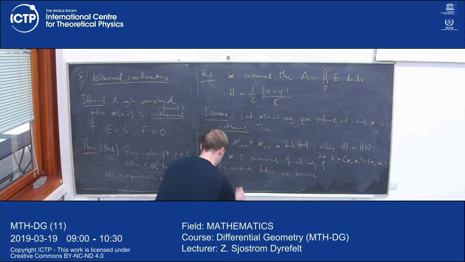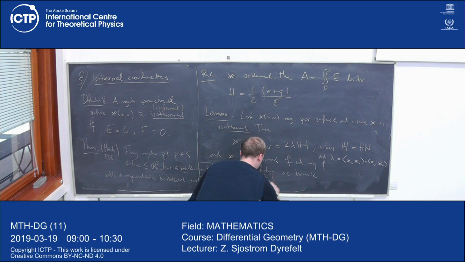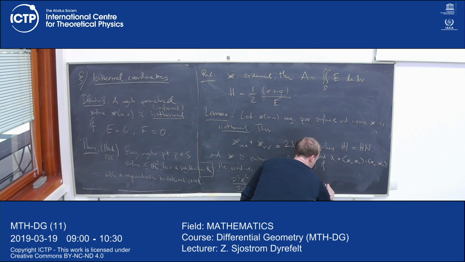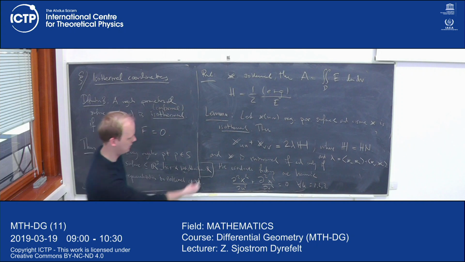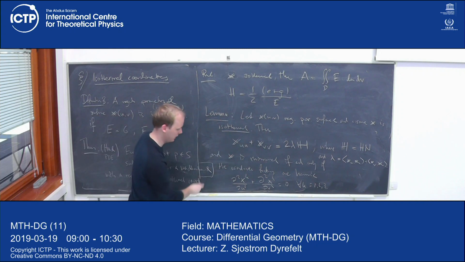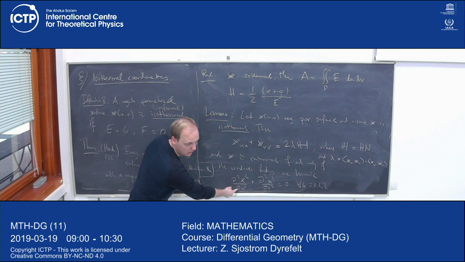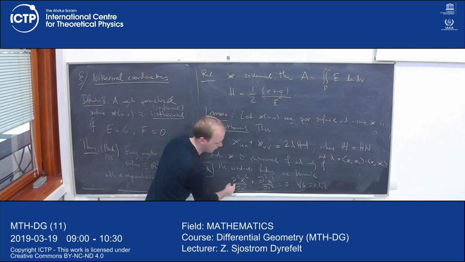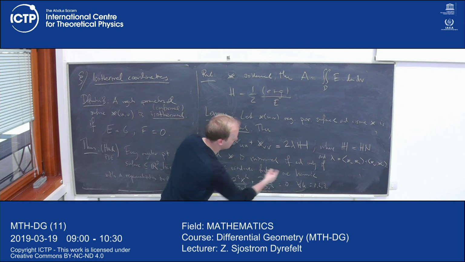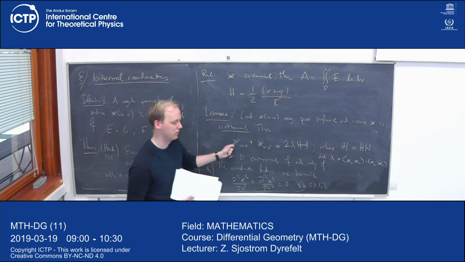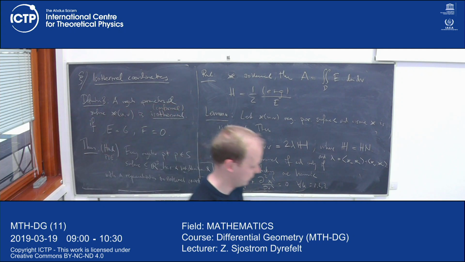Okay, so this means precisely that the partial squared x_k over partial u squared plus partial squared x_k over partial v squared equals 0 for all k equals 1, 2, 3. So x is equal to x1, x2, x3, this vector, and all these things are harmonic, which means the Laplacian vanishes for every one of these 3 coordinate functions. Okay? So this is what we need. And this last part follows immediately from this. So I wrote down the intermediate step.